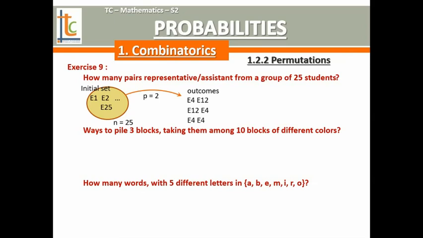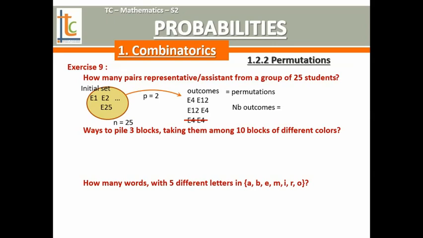Is it possible to vote twice for the same student? No, of course, you have to choose 2 people. So repetition is forbidden, and you are in the case of permutations and not p-lists. So this time, you've got permutations 25, 2.